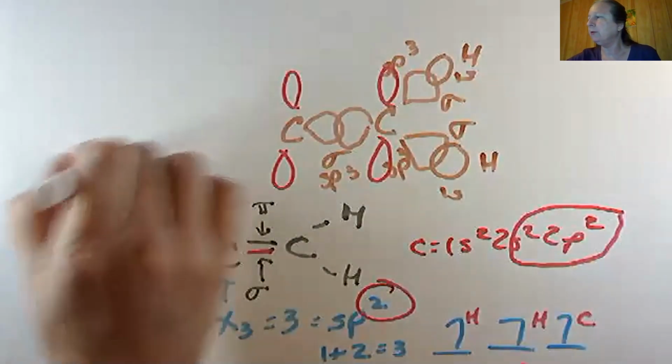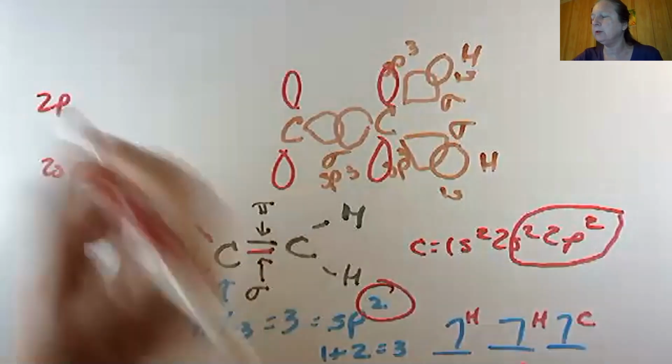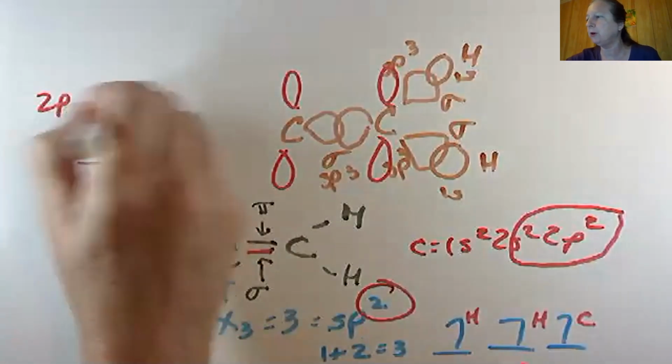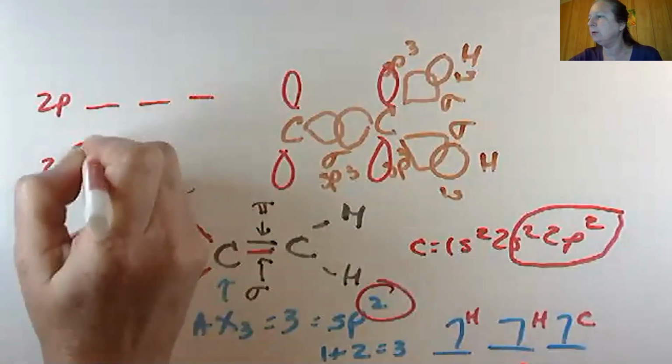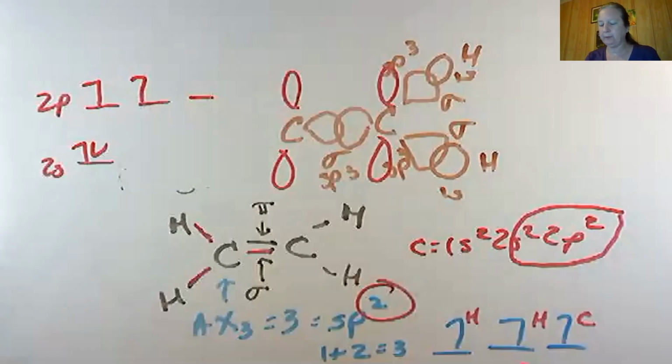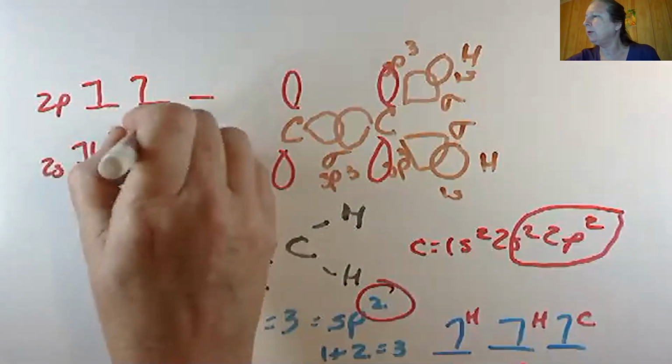So we have the 2s and the 2p. This is the non-hybridized. This is where we started from with carbon. And it's 2s2, 2p2, right? And we ended up with the hybridized 3 orbitals.